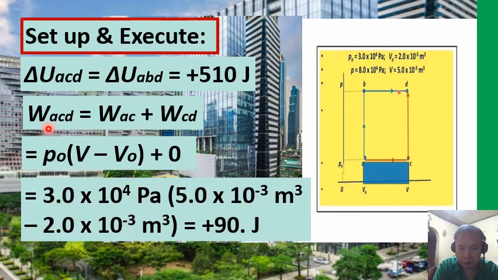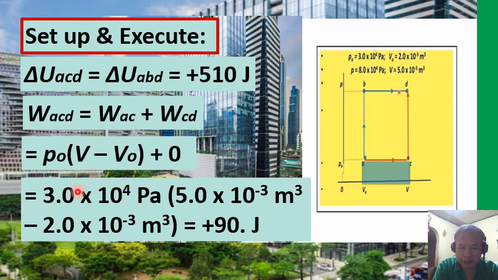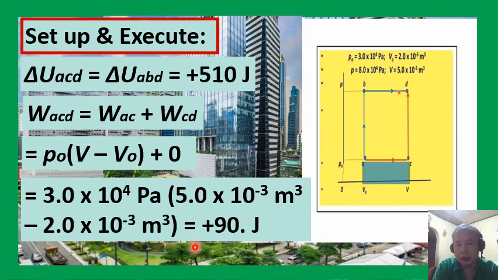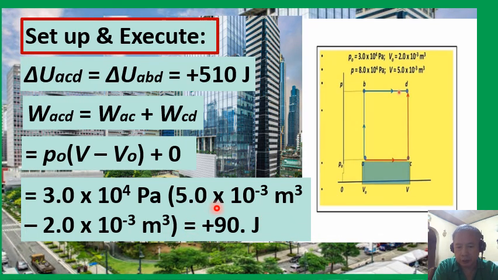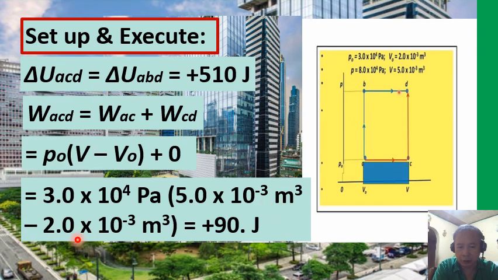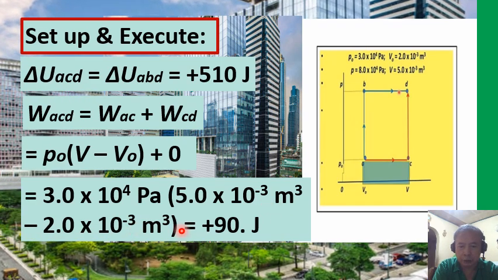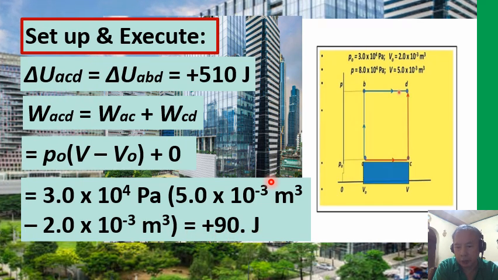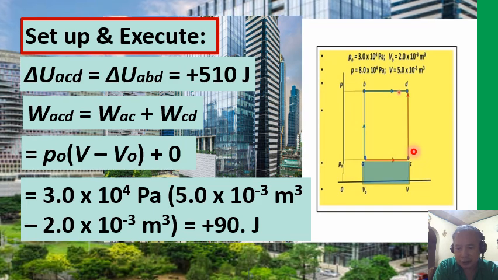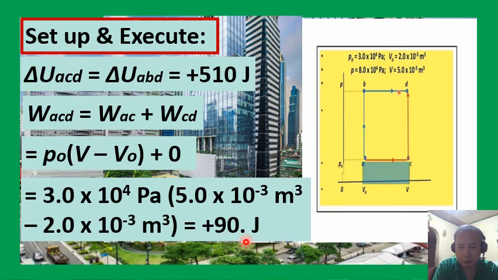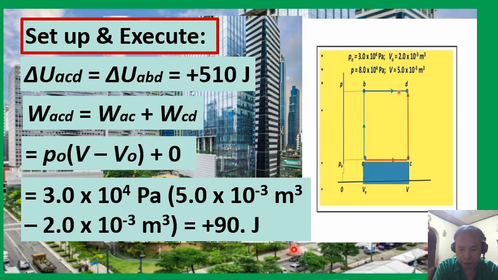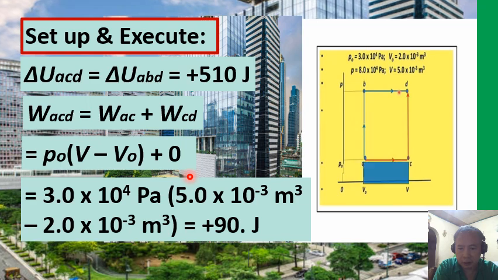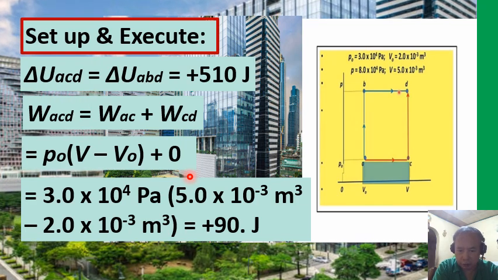We have the work done along the path ACD equals 3.0 times 10 to the 4th power Pascal multiplied by the difference in the volume, 5.0 times 10 to the negative 3 meter cube minus 2.0 times 10 to the negative 3 meter cube. Doing our math, we get the work done along the path ACD equal to positive 90 joules in two significant figures. The positive sign also means that the work done is by the system on its surroundings.